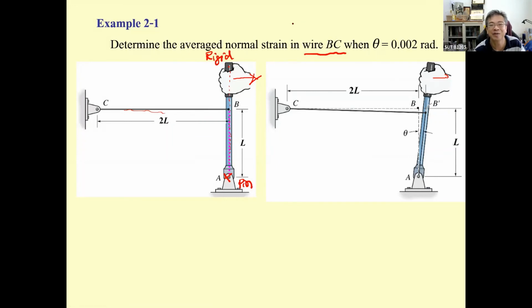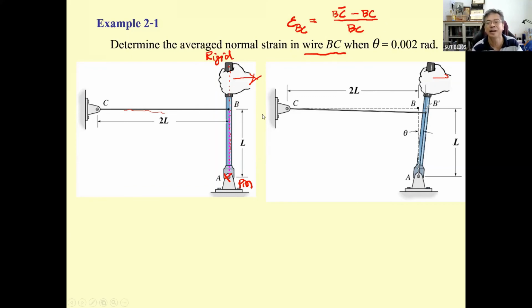The strain of BC is going to be B prime C, the final length, minus the original length of BC, and then divided by BC. So the problem is going to be a geometrical analysis to determine the length.